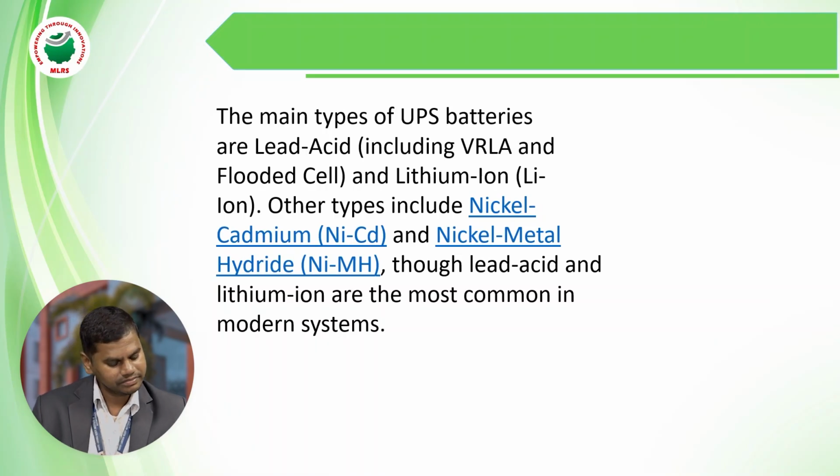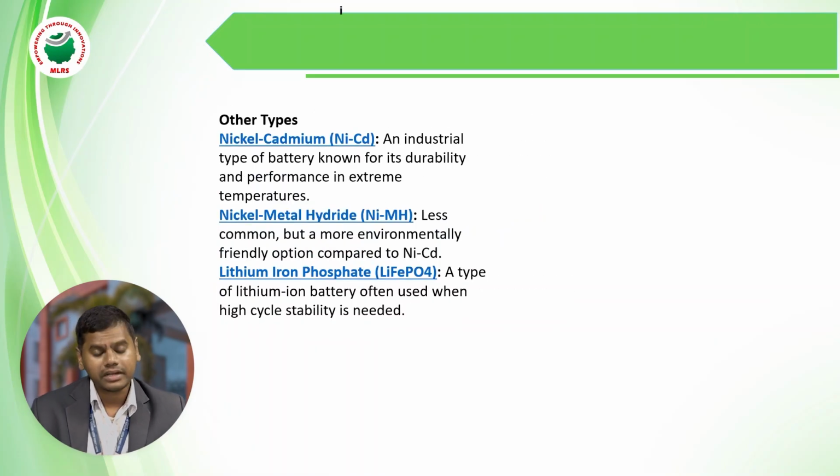Next, other types. Nickel cadmium is a type of battery known for its durability and performance in extreme temperatures. Next, nickel metal hydride, less common but more environmentally friendly compared to nickel cadmium.